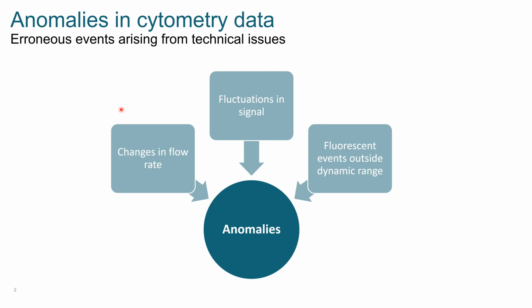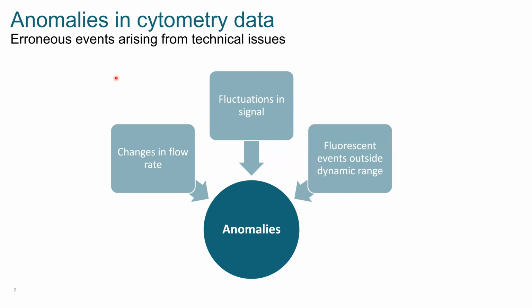And of course, we also need things like good compensation, good panel design, and smart experimental design. But aside from that, things can happen at the instrument. Sometimes they're out of our control, but we are aware that these kinds of technical issues can cause problems with our downstream analysis because they introduce questionable events.